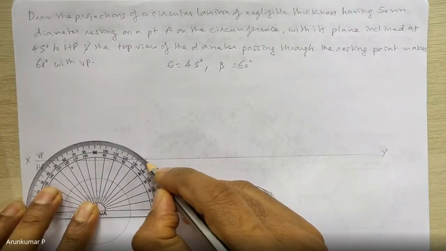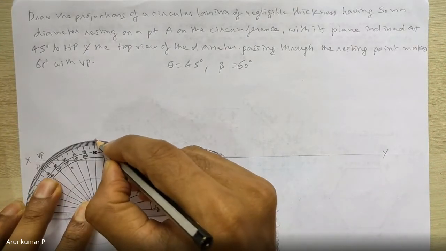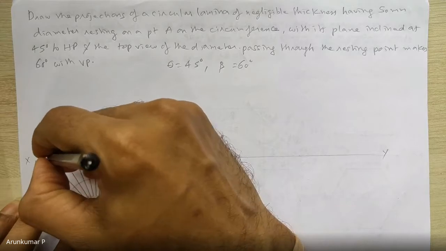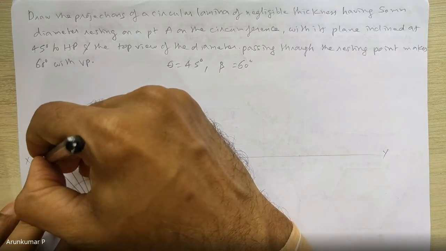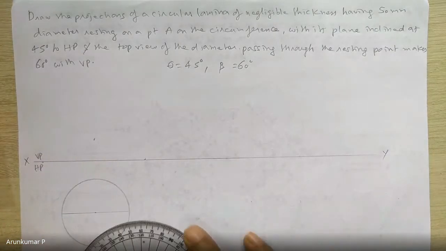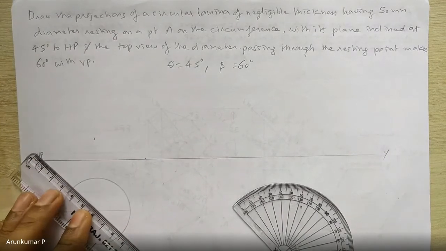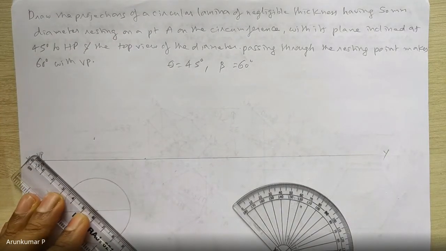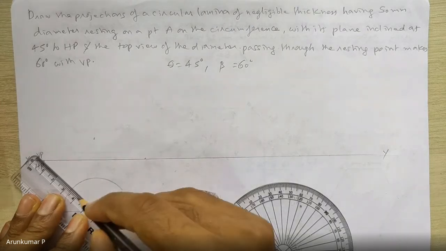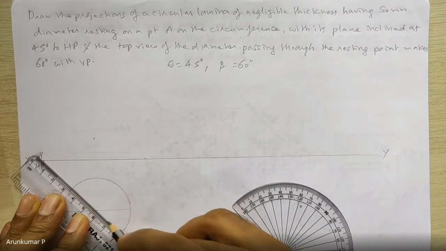Then at 45 degrees, at 90 degrees, at 135 degrees, you can mark the points. Then you can join the center and this point, I'll be drawing a line like this.